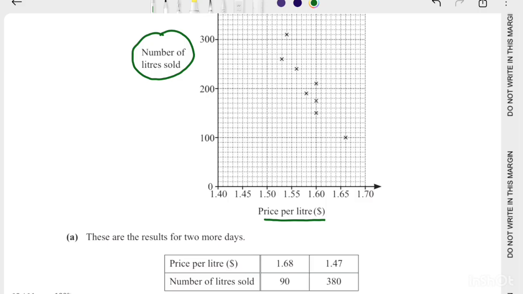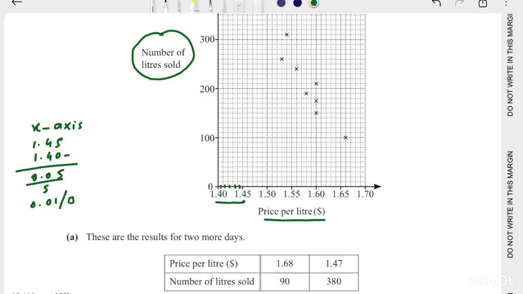Along the x-axis, just take the first two values and subtract them. 1.45 minus 1.40, so 0.05. Now divide this value by the number of boxes, and there are 1 2 3 4 and 5 boxes, divided by 5, so you get 0.01 for one box along the x-axis.